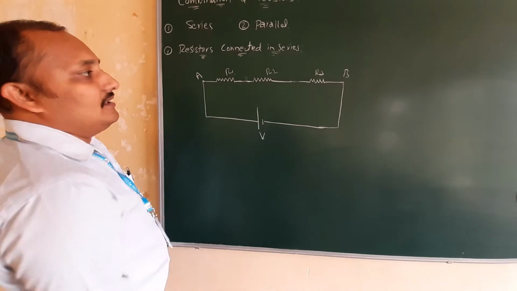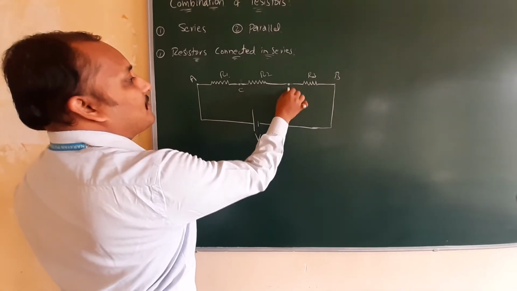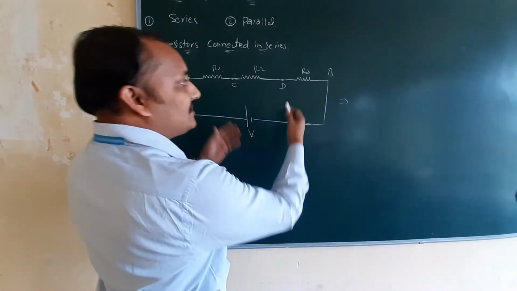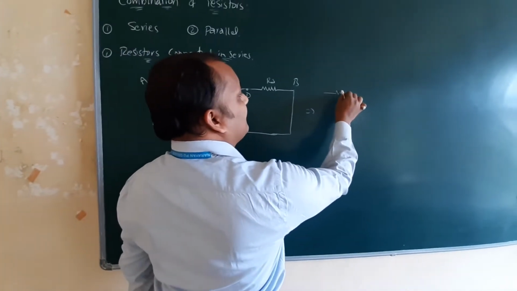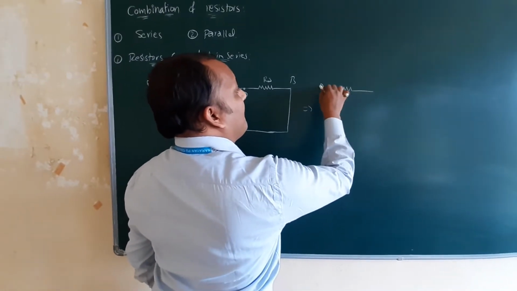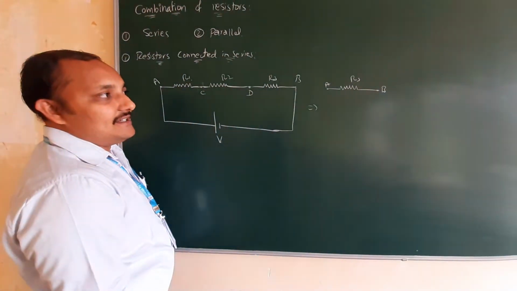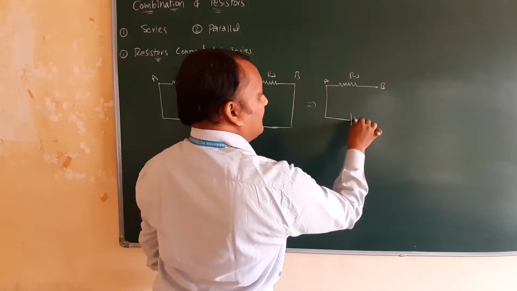Let us say this point is C, this point is D. What is the resultant resistance we are going to get? If we combine these three, we will get one new resistance. A to B, RS, is the resultant resistance of these three resistors.